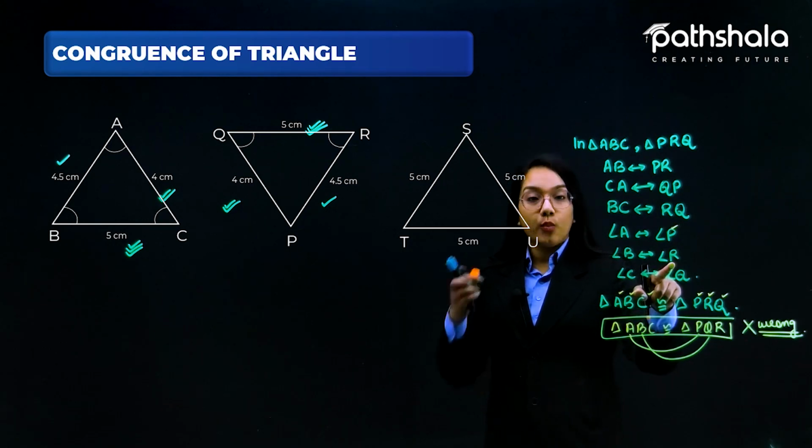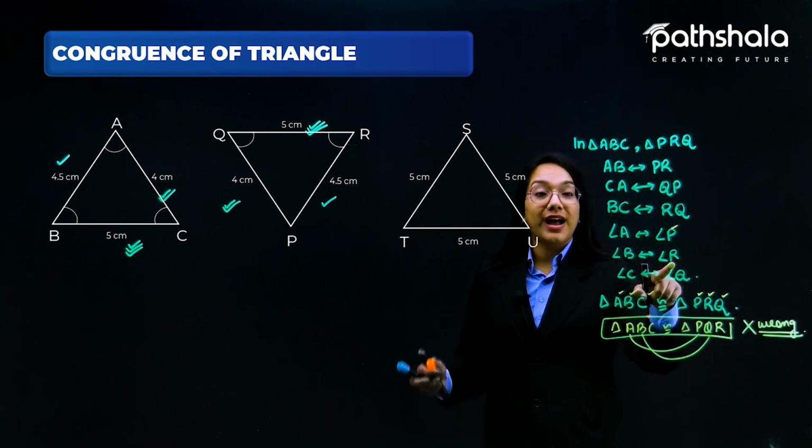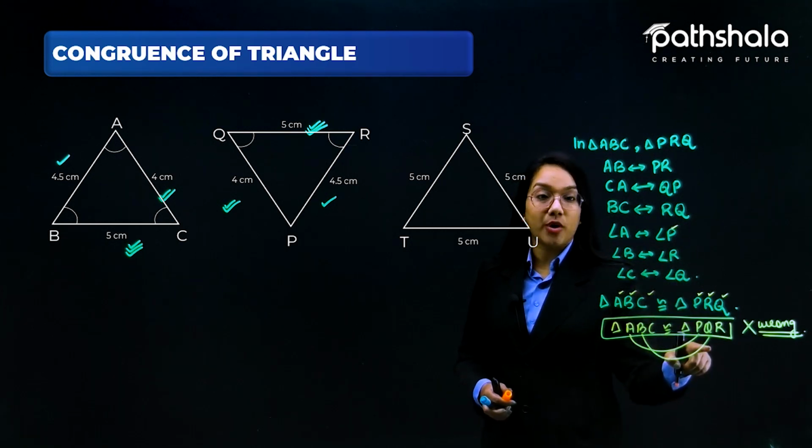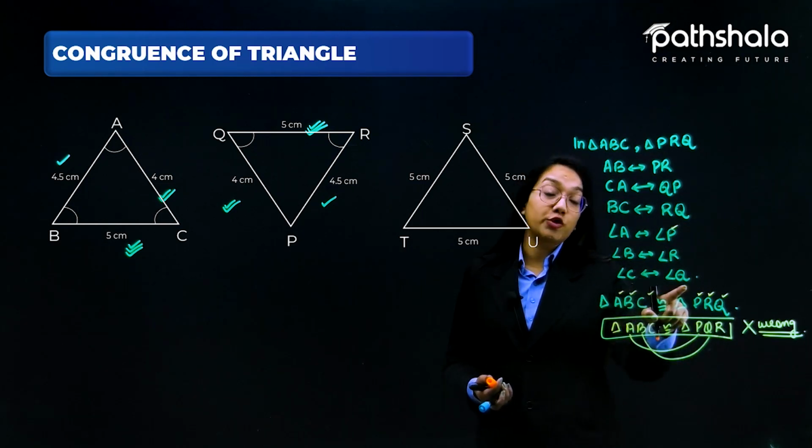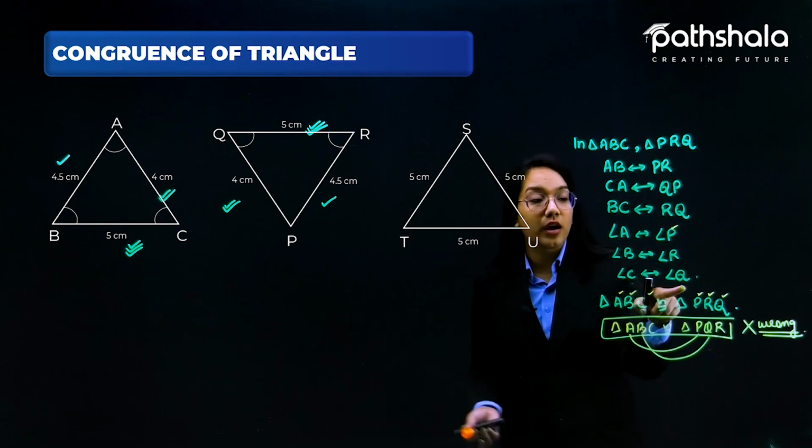Always remember, whatever angle is corresponding to that angle, you have to write it in such a manner. Similarly, angle C does not correspond to angle R, it corresponds to angle Q.